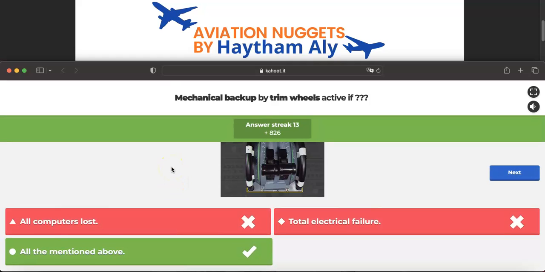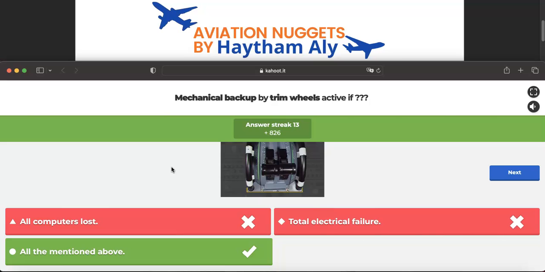As I mentioned before, the trimmable horizontal stabilizer THS can also be mechanically controlled by the trim wheels from the center pedestal, and the mechanical control of the THS always has priority over electrical control.